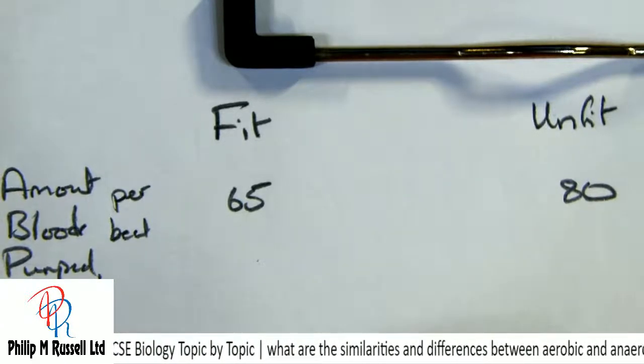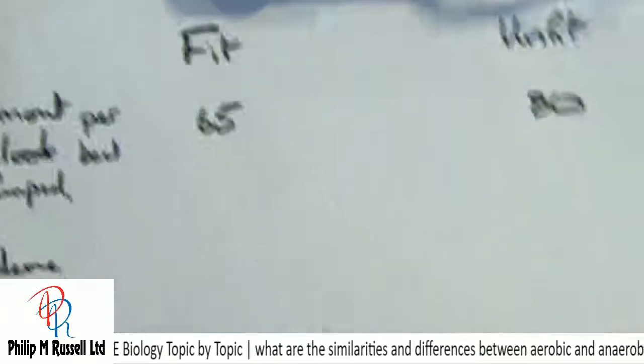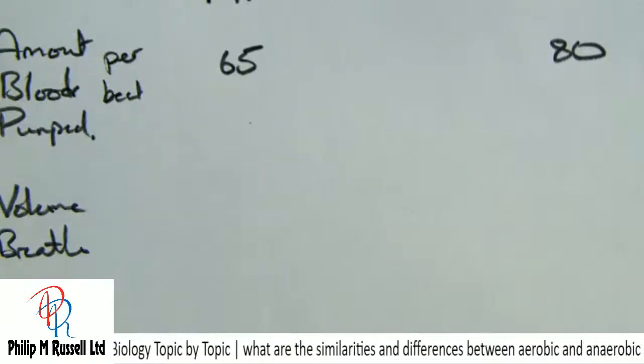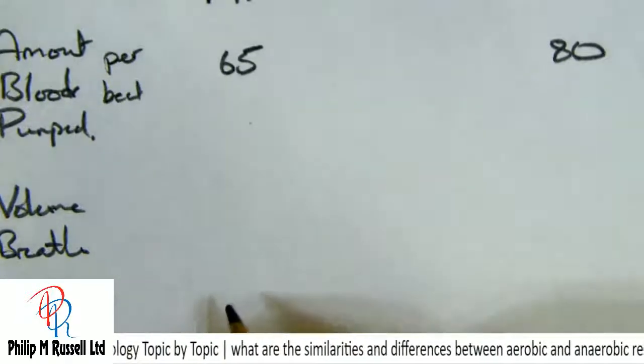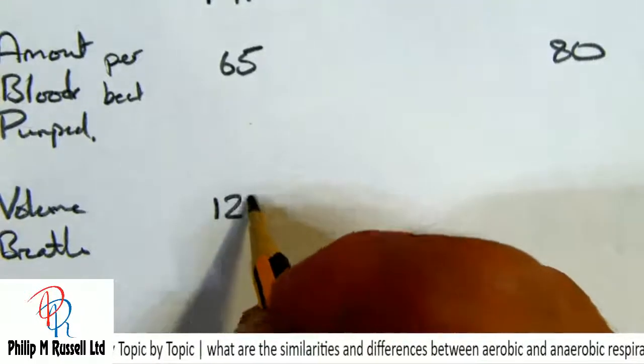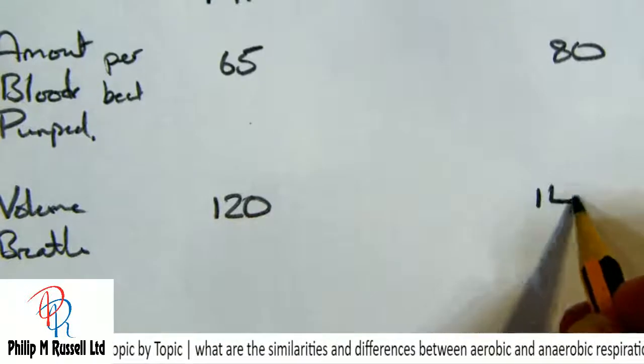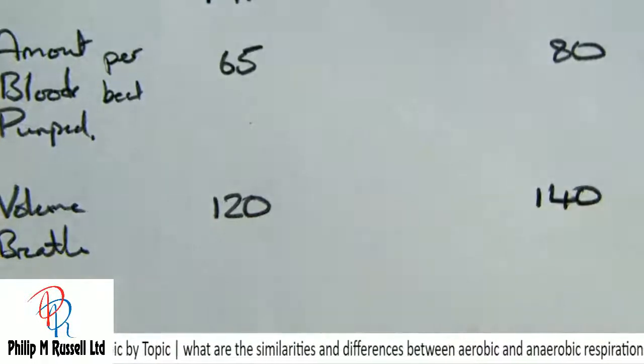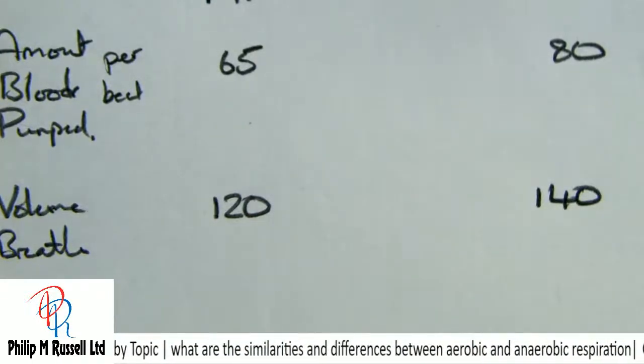We might look for the volume of a breath, and the volume for a breath for a fit person might be 120, whereas an unfit person might be 140.